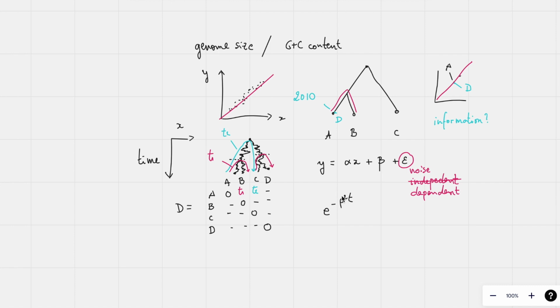So with a function like this, I would see that when t is equal to 0, the correlation is 1, which means that the information is 100% conserved from one species to the next, and as that time goes by, then the correlation would slowly or fast decrease to 0, so that given sufficient amount of time, I would have no influence from one species to the next because the divergence was so long in the past.